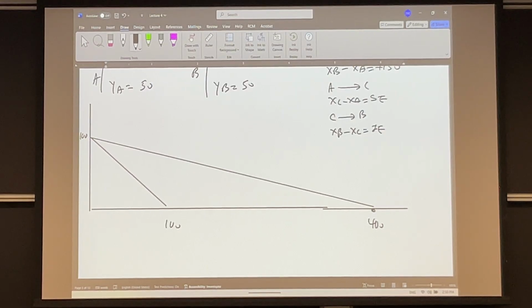Now, this is where the individual stands. He buys 50, then 200, that is the total effect. We know that. We want to decompose it into the substitution and income effect.